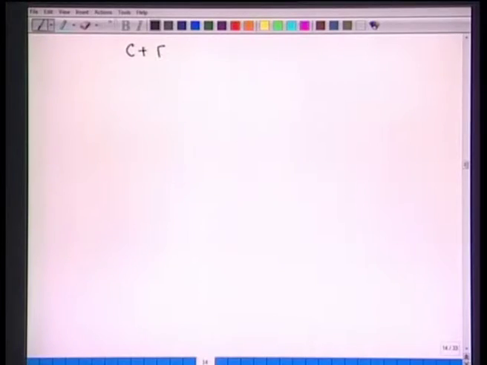Now, another important reaction that also can occur is carbon with the FeO. So, for example, carbon plus FeO is equal to CO plus Fe. Let us take this reaction as 23. Now, this reaction may cause slag to foam. Why? Because this reaction will be occurring at the slag metal interface or within the slag.